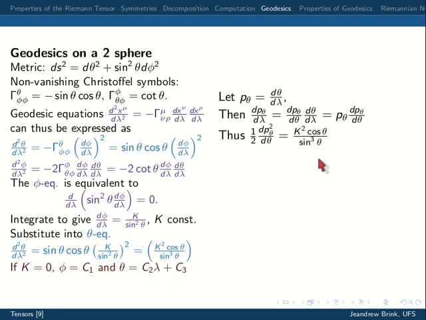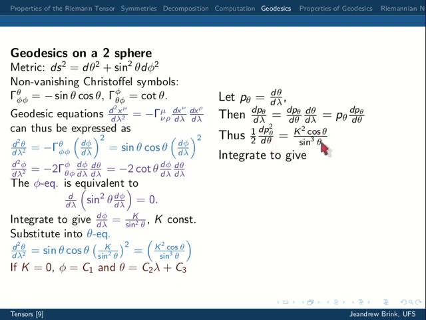Okay, so this dp theta d lambda you put in there, that's equal to p theta dp theta d theta, which is equal to a half derivative of p theta squared. And so we have d d theta of p theta squared is equal to that.